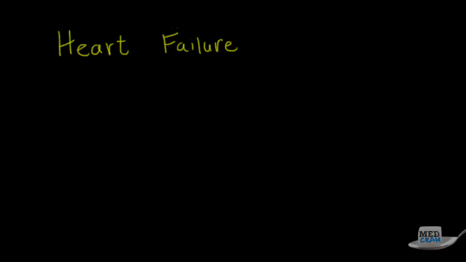Now, generally speaking, if you look at the heart, and we will symbolize that here with an actual heart, remember the heart is just a pump, and you've got blood going into it. By definition, all blood that goes to the heart must go to the heart via veins, and then you have blood coming out of the heart. By definition, those are arteries.